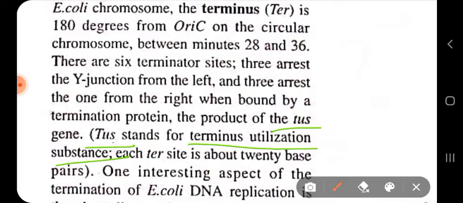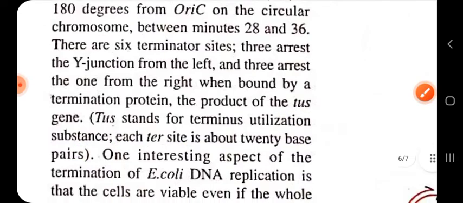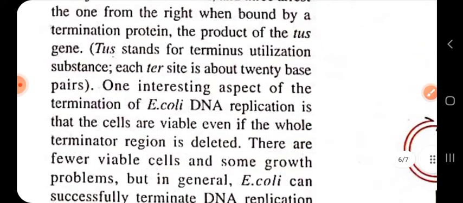Each terminator site is about 20 base pairs long, and within this terminator site the TUS protein binds and carries out the termination process. One interesting aspect of termination of DNA replication in E. coli is that cells are viable even if the whole terminator region is deleted.